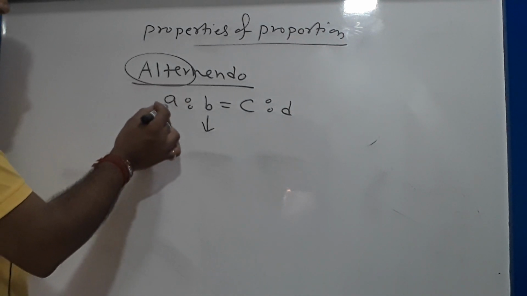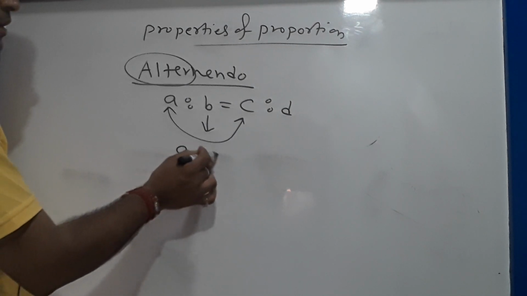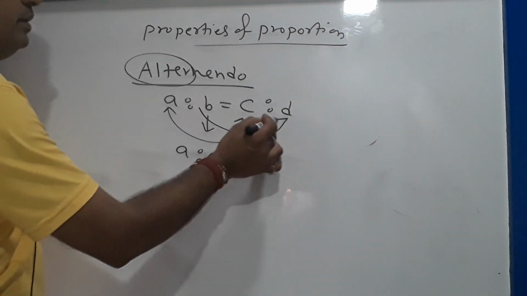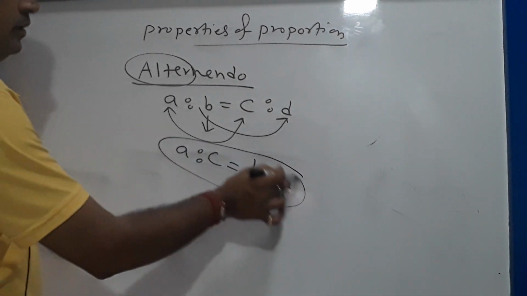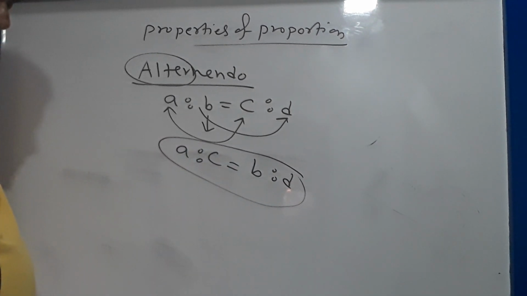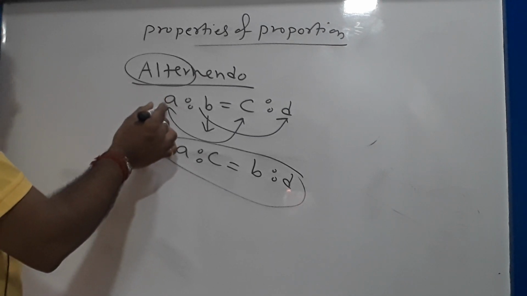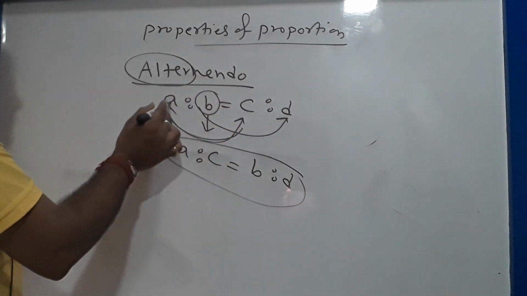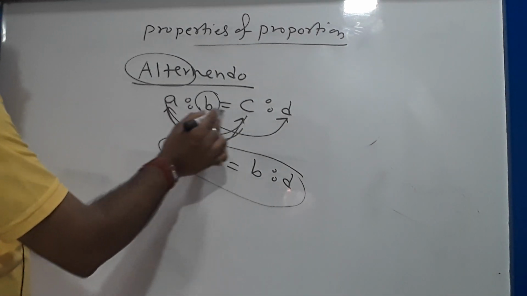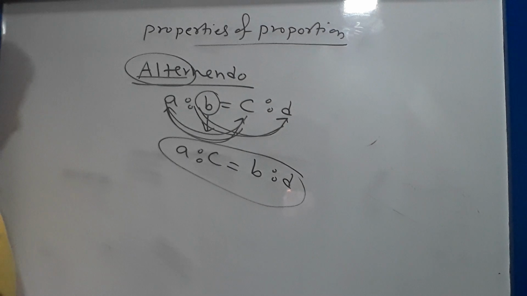So you will get A ratio C is equal to B ratio D by alternando. We take alternate value by leaving one value, A, B, C, D. So I will take A ratio C is equal to B ratio D by using alternando.